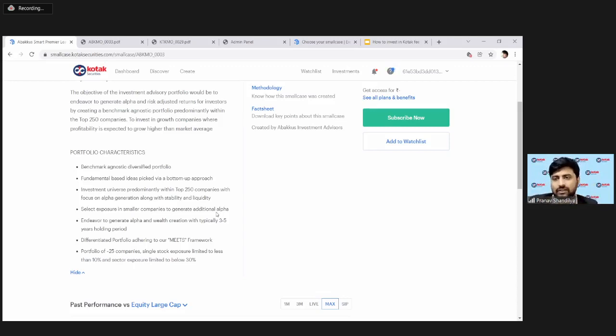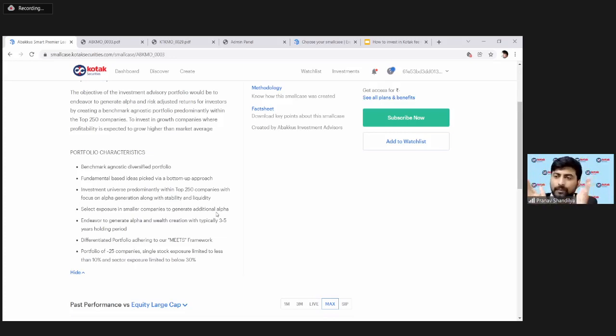That is the T in the MEETS framework. The S stands for structure, the overall structure. Is the management good? Is the hierarchy good? Are ideas flowing from the bottom to top? There are certain structures that have historically played out well for companies which have been able to scale very well. So are these new companies we are investing in having a solid structure around them? The hierarchical, organizational structure is what the S stands for.